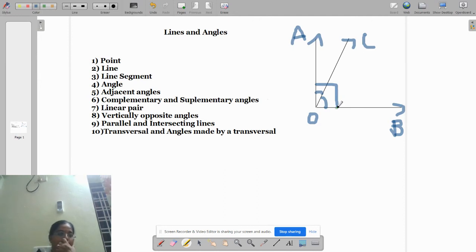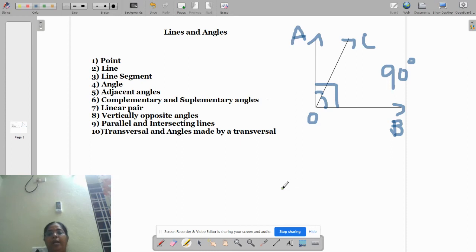So if the sum of the measures of the two angles is equal to 90 degrees, then such angles are called complementary angles.